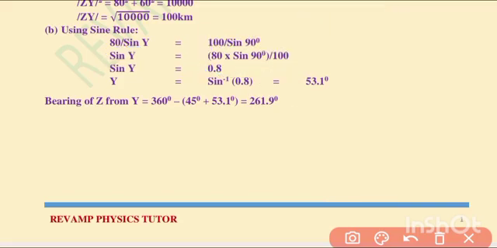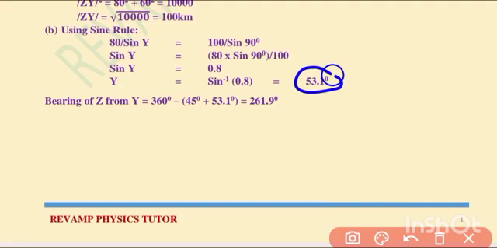Using this method, we discovered sine y equals 0.8, and to find y we need to look for the sine inverse of 0.8. To do that on your calculator, just press shift sine, type 0.8, and it will give you this value here. So the angle theta in that diagram equals 53.1.